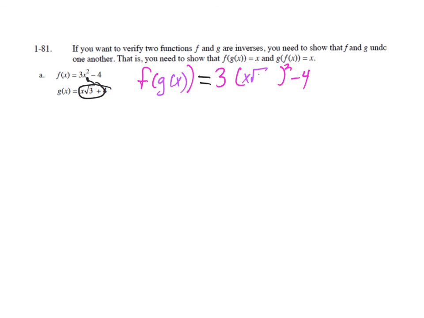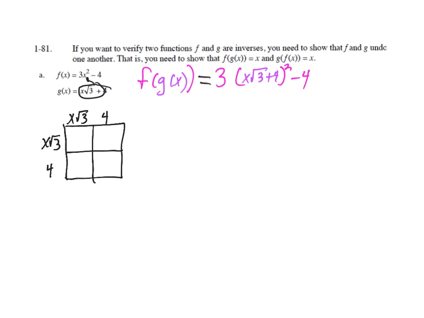This is x times the square root of 3 plus 4. So let's take what's inside the parentheses and square it. Using our squares or rectangles, I have x times the square root of 3 plus 4, x times the square root of 3 plus 4. Multiplying all this together, that's 16.